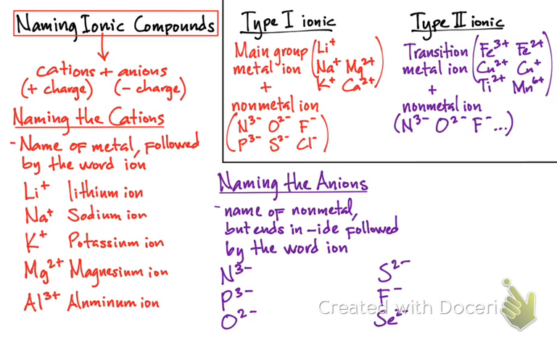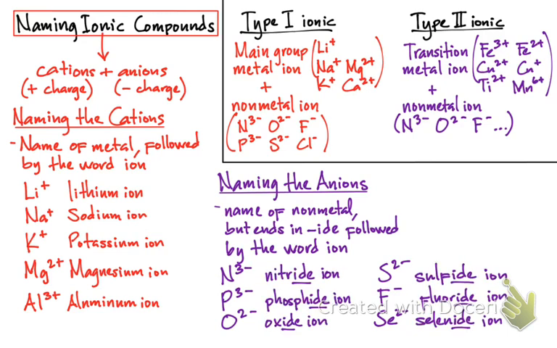So an example would be, for the first one here, nitrogen with a -3 charge, that would be nitride ion. So instead of nitrogen ion, it's nitride. So it ends in IDE, and then you have the other anions here. You have phosphide ion, oxide ion, sulfide ion, fluoride, and even selenide ion, Se with a -2 charge.